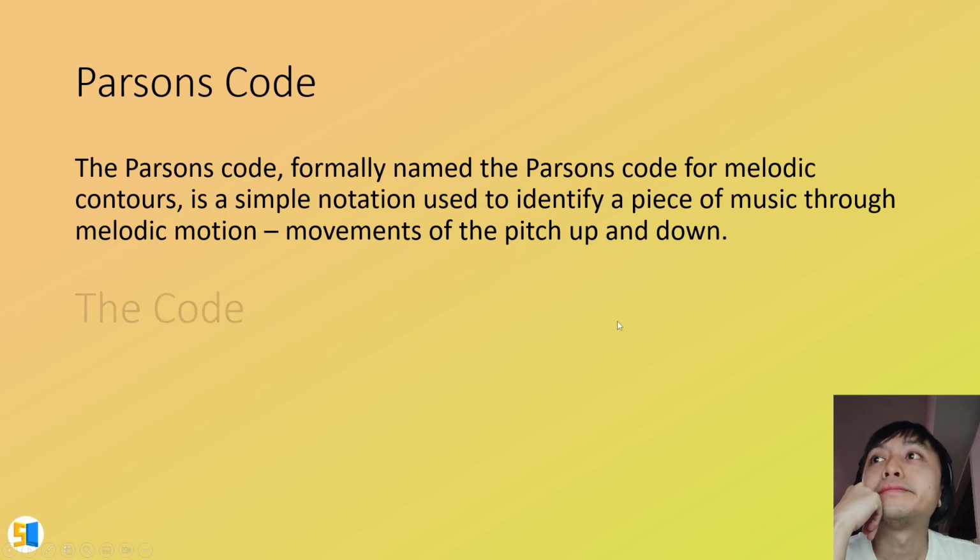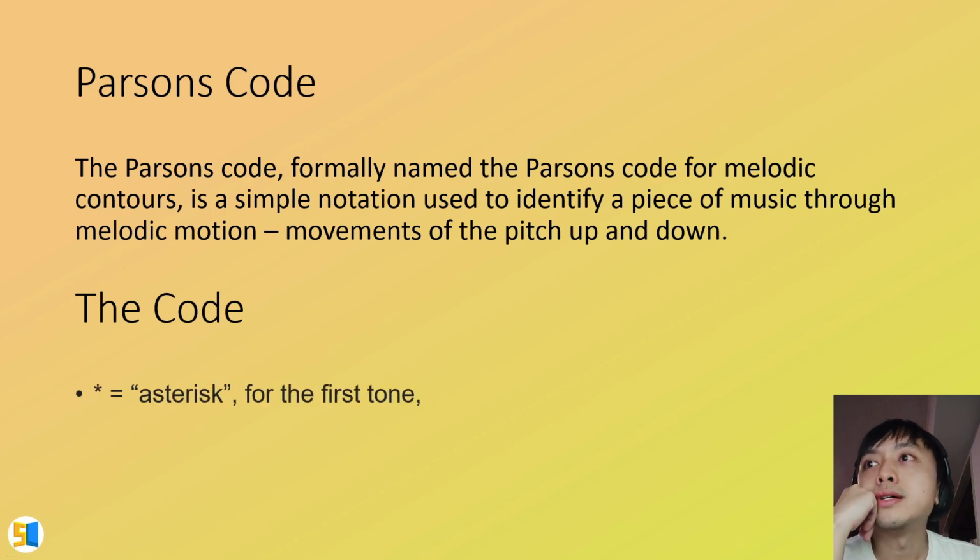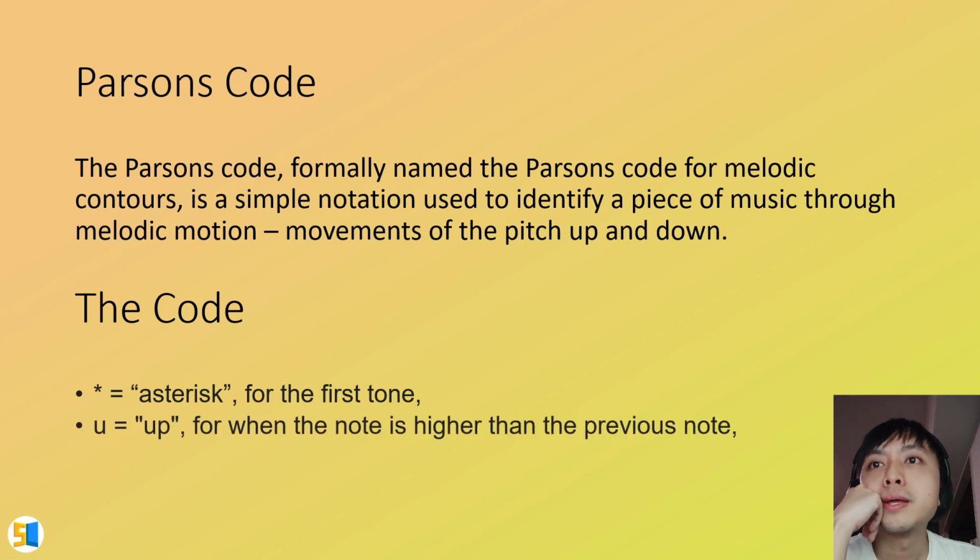Okay, so in terms of the notation, the first tone will be an asterisk, or like the star symbol, and then the following note will depend on the previous note.